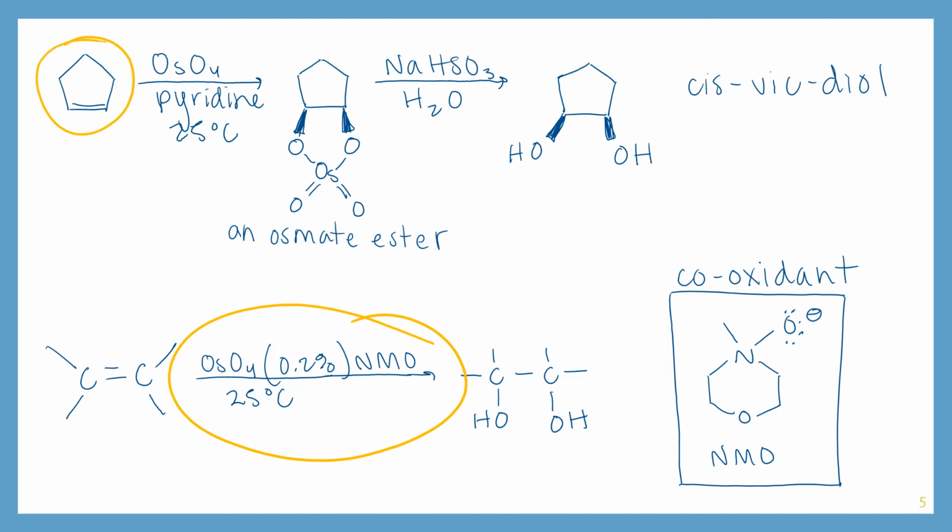The alkene and osmium tetroxide react together to form what is called an osmate ester. This osmate ester is a cyclic structure, which is how this becomes a syn reaction: the cyclic structure forms on one face of the ring. Then reaction with sodium hydrogen sulfite and water removes the osmium component to give you just the diol.